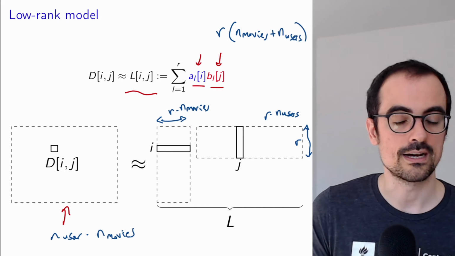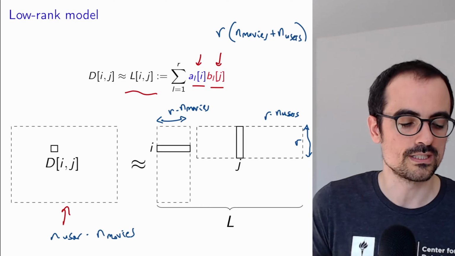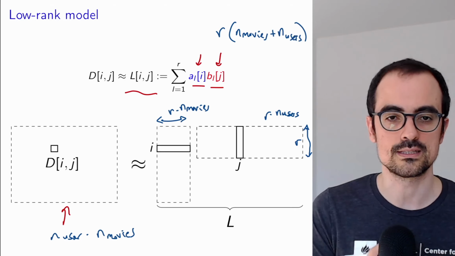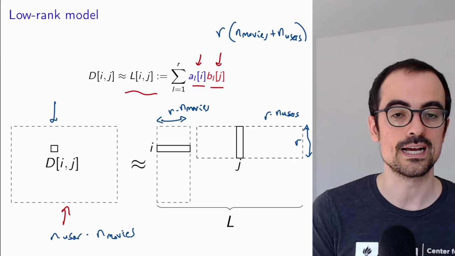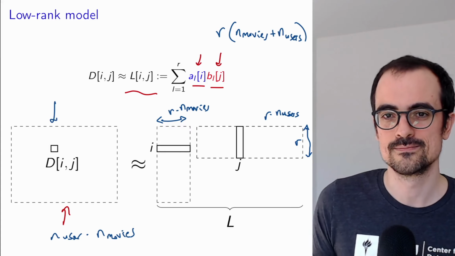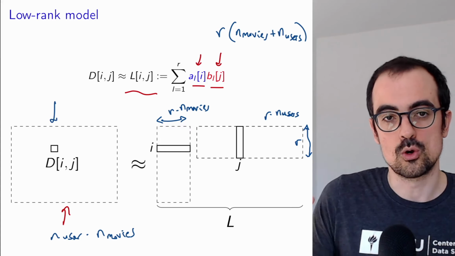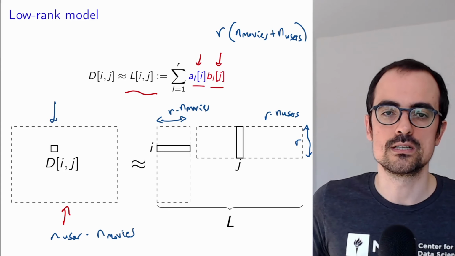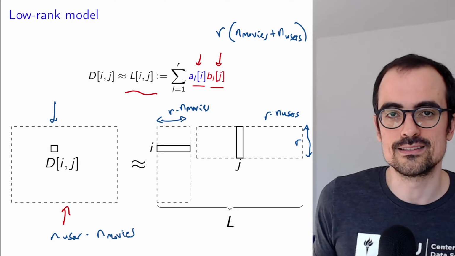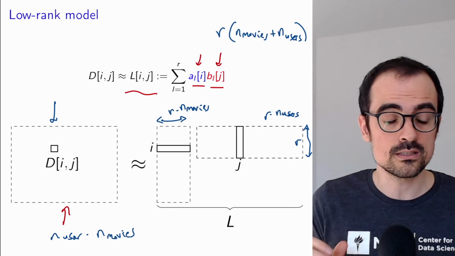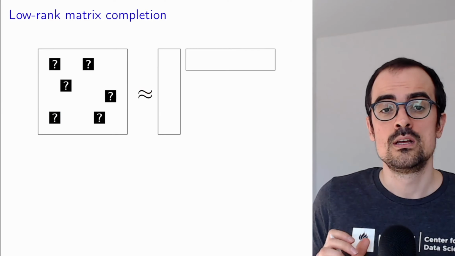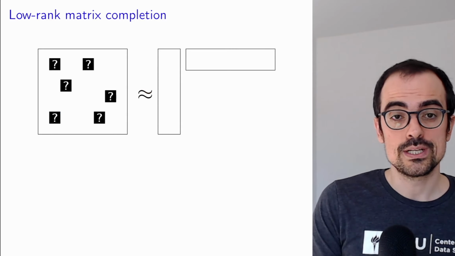So imagine that you have, let's say, 100 movies and 100 users. This would be 200 times the rank, whereas this would be 100 times 100, 10,000. So the low rank model really reduces the number of parameters used to represent the ratings. Why is this important? Because now imagine that you have some missing entries.